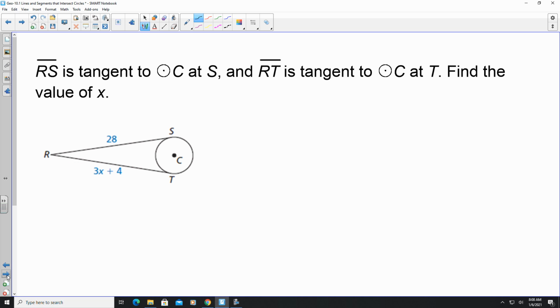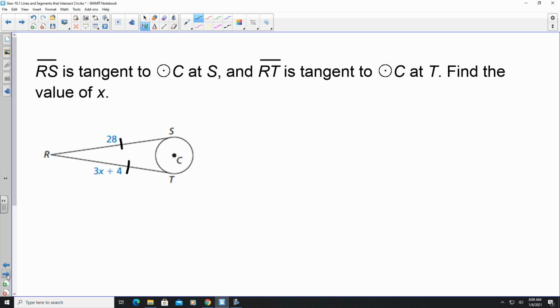Finally, it says here that RS is tangent to circle C at S, and RT is tangent to circle C at T. They want you to find the value of X. This is that external congruency theorem coming into play. So this and this are going to be the same value.